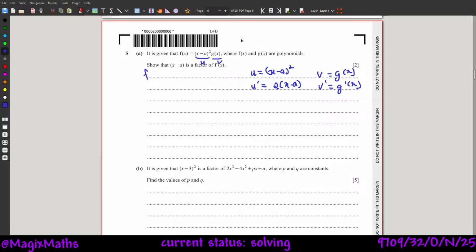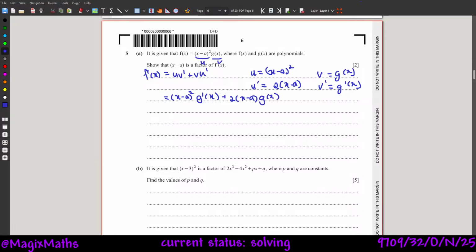So we have f prime x is equal to u v prime plus v u prime. That's equal to x minus a squared times g prime x, plus 2 times x minus a times g(x).